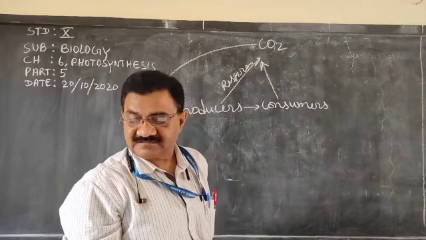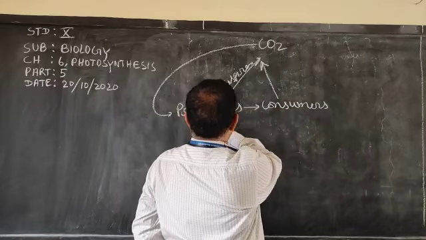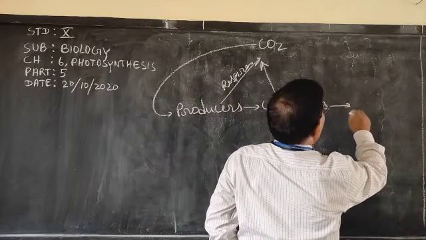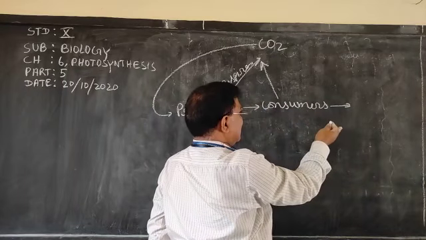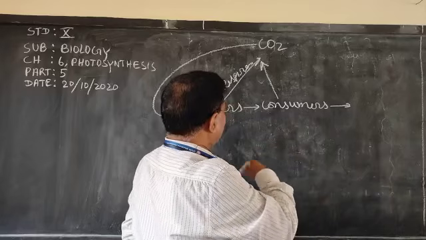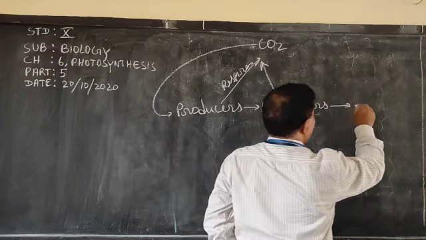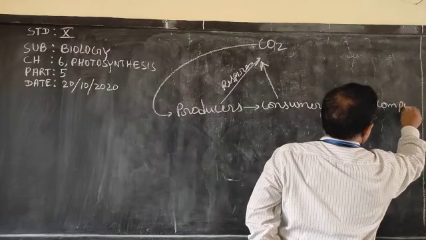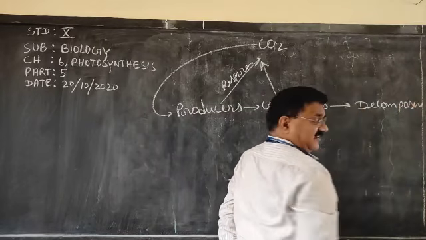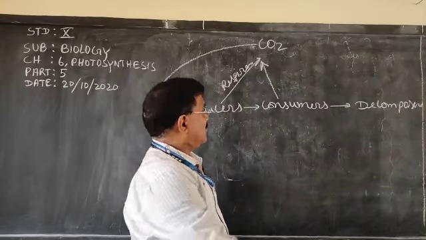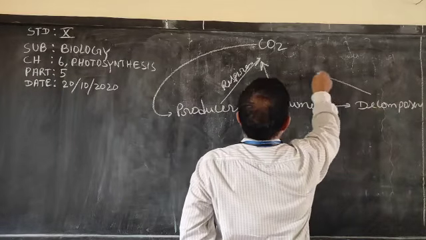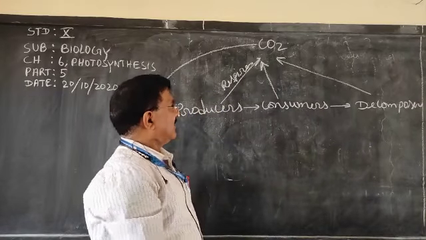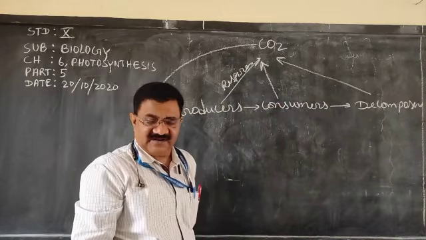Or this plant and animal, producer and consumer, maybe after death, from them decomposers can get their food. And these decomposers also, when they respire, this carbon dioxide will go back to the atmosphere. And this way the cycle is completed.